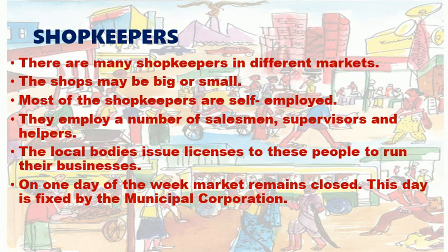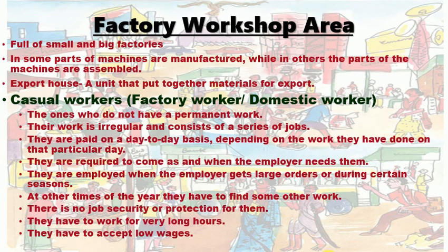Next, we'll turn on to one more aspect of the urban area, that is one more means of earning livelihood, that is the factory workshop area. A factory workshop area is basically an area full of small and big factories.